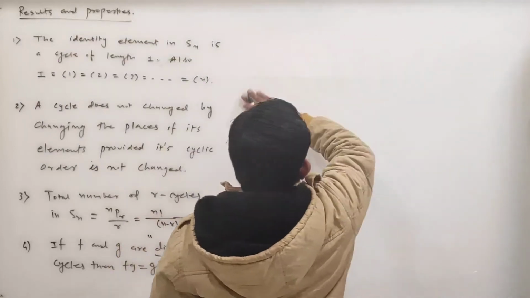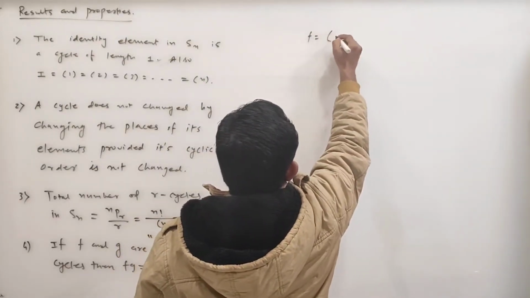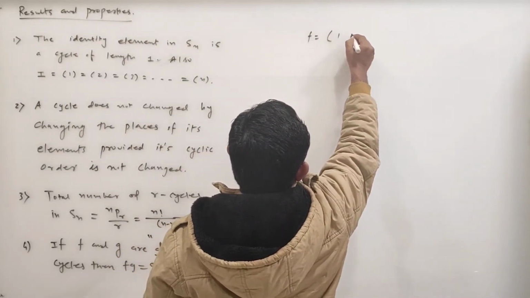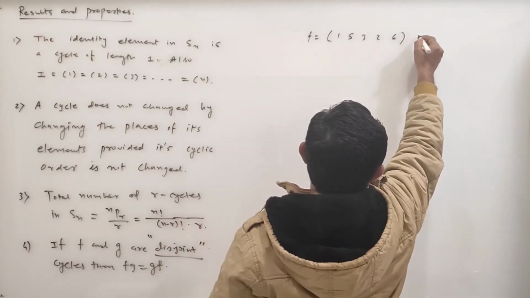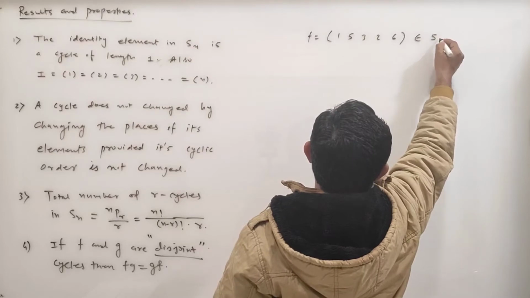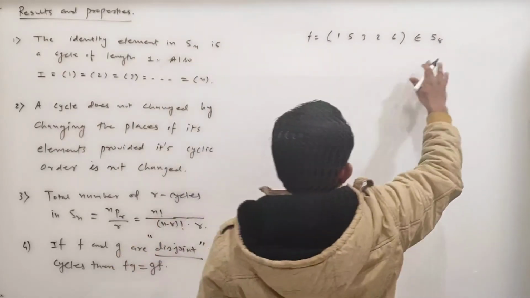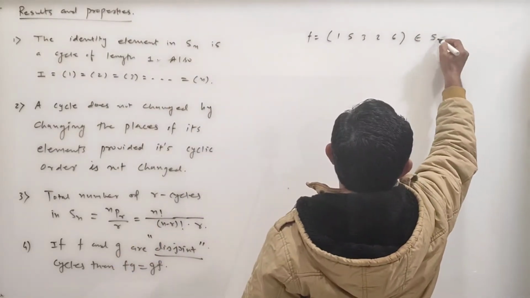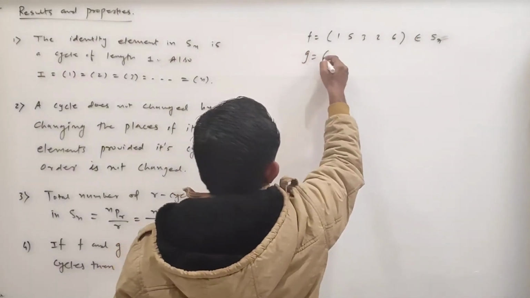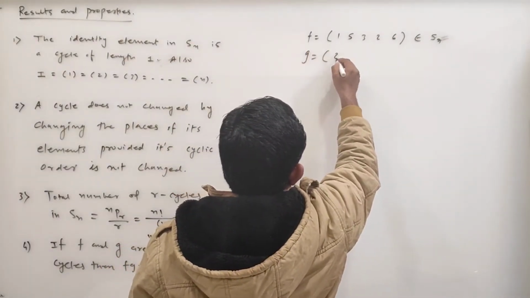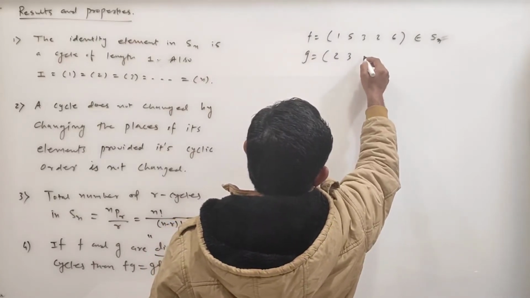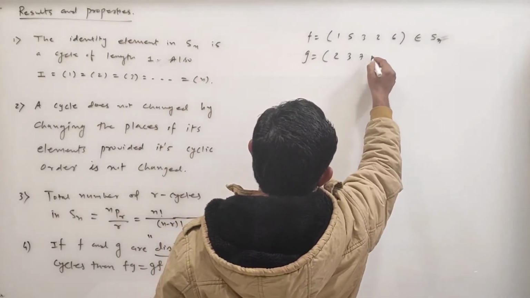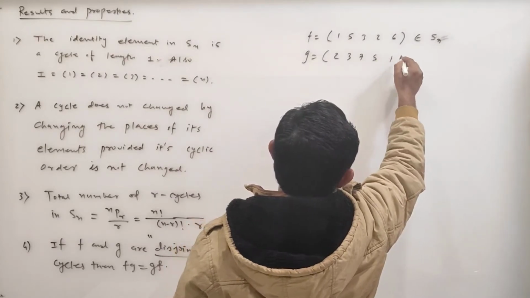so you consider say f is equal to 1, 5, 3, 2, 6 belongs to say S8, or let us consider S7 only now. G is equal to 2 3 7 5 1.